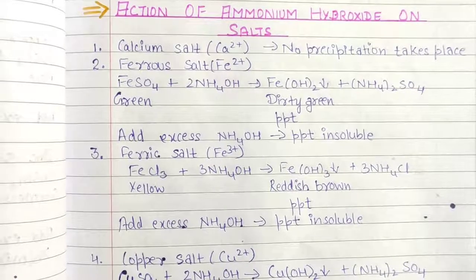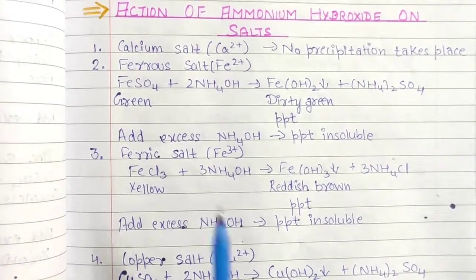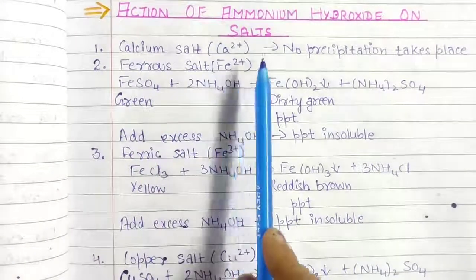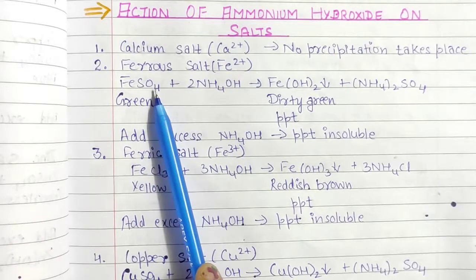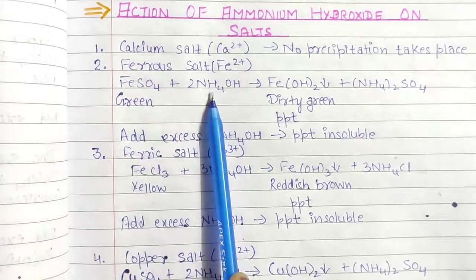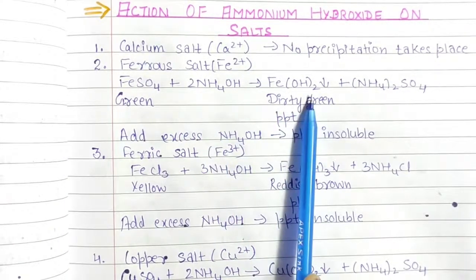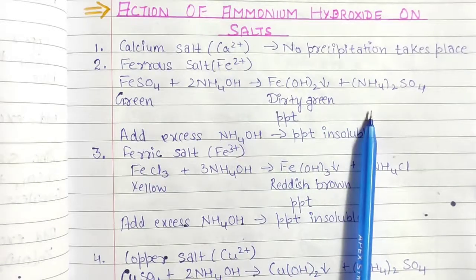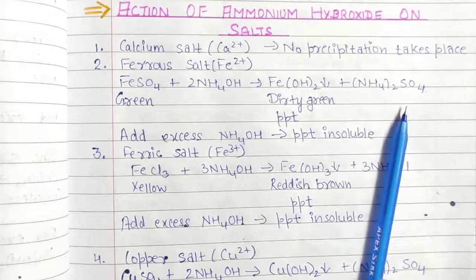Now we will talk about the second salt solution, which is a ferrous salt, Fe2+. When the green colored ferrous salt, FeSO4, reacts with ammonium hydroxide, it will form a dirty green precipitate of ferrous hydroxide with the liberation of colorless ammonium sulfate solution.